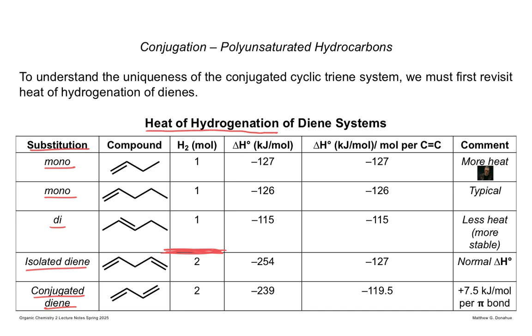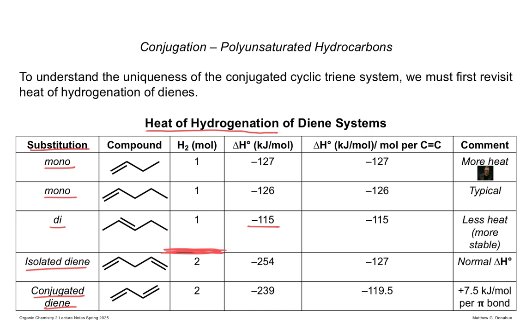Now row 3 is a little bit different. We're going to a disubstituted alkene. And you can see it's giving off less heat, which means that it originally is more stable than a monosubstituted substrate.